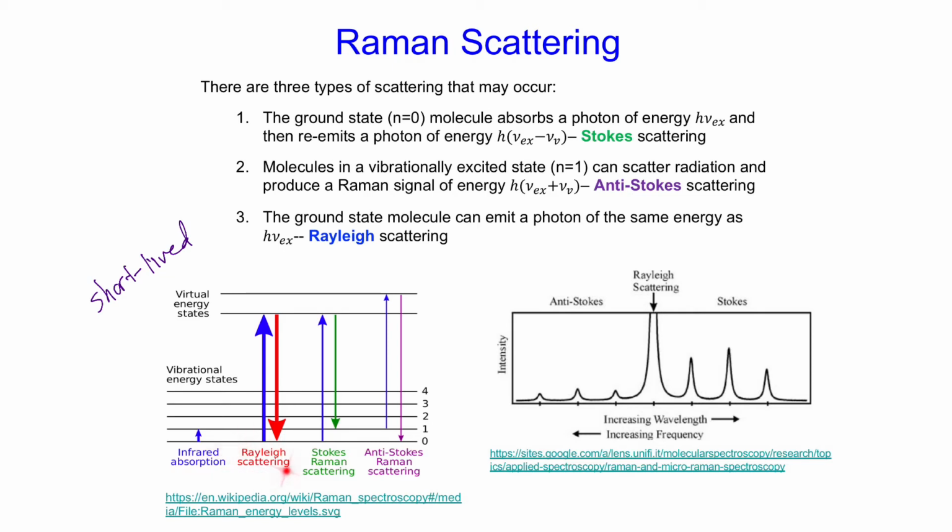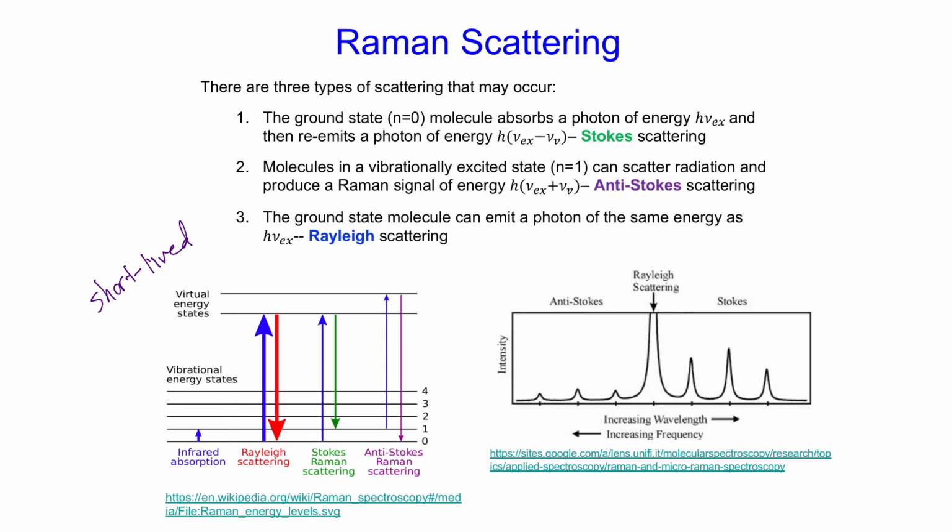So we have Rayleigh scattering. Okay, so remember this is where we shine in our laser light. So the laser light in all of these examples is going to be depicted by the blue up arrow. So we're shining in our laser light frequency, and then we're scattering out exactly that same frequency. So we see our two arrows are the same length.